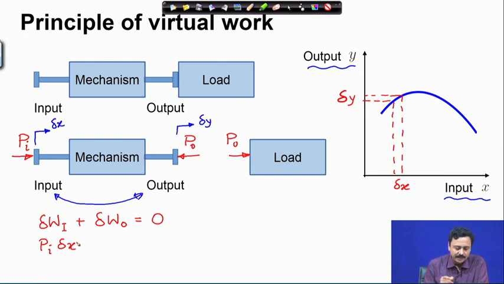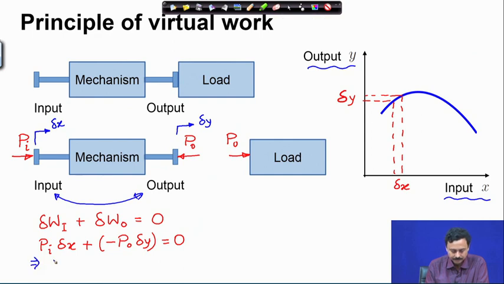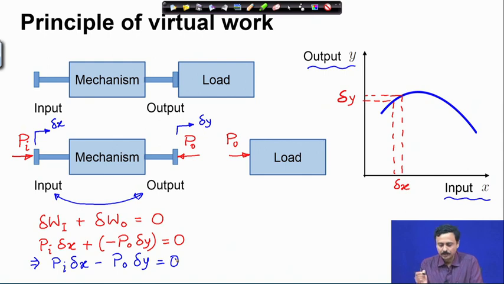You can see that Pi and delta x are in the same direction, plus now Po and delta y are in opposition, and this must vanish. So, that implies Pi delta x minus Po delta y must be equal to 0.